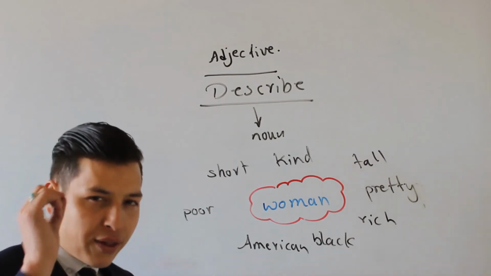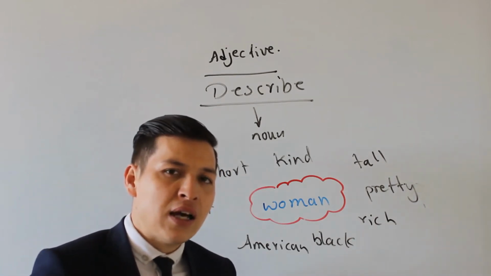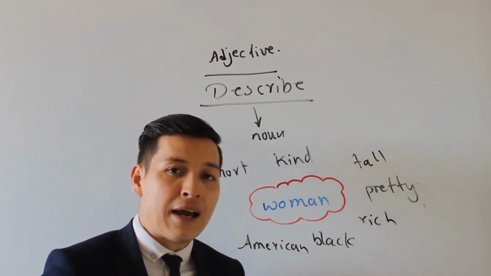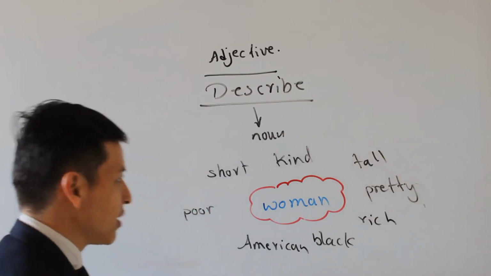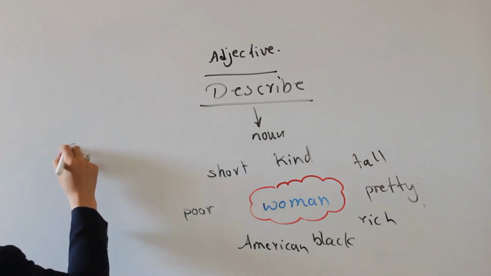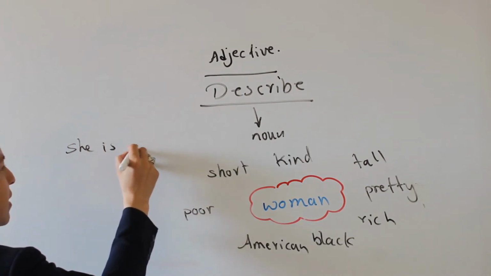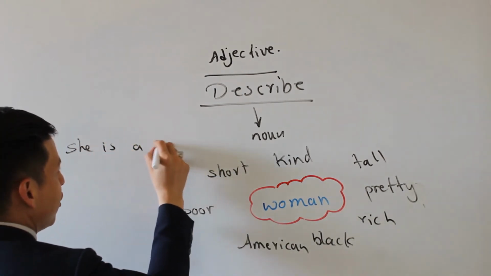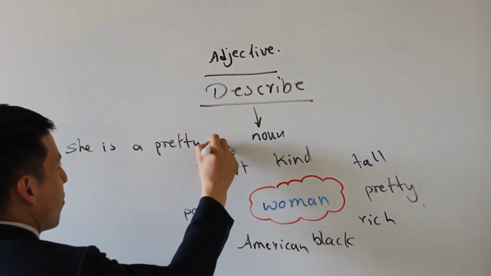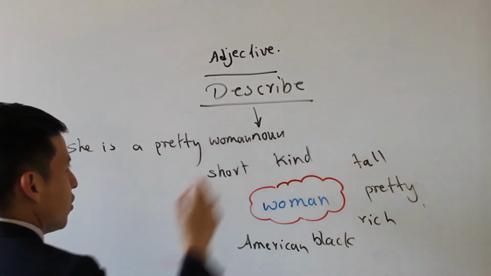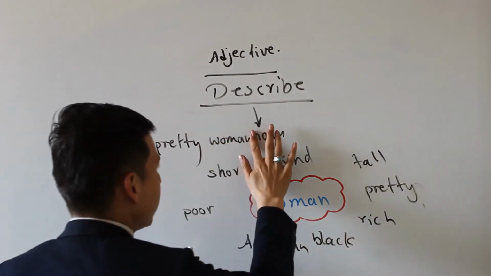Another thing that you should keep in your mind is that an adjective is used before a noun and describes it. For example, she is pretty, she is a pretty woman.